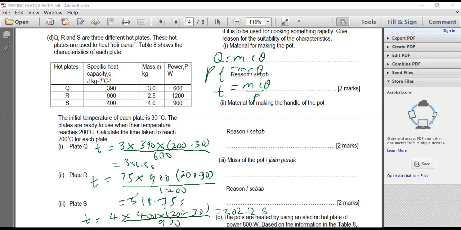So you can see that S has the shortest time to reach 200 degrees Celsius compared to the other two.